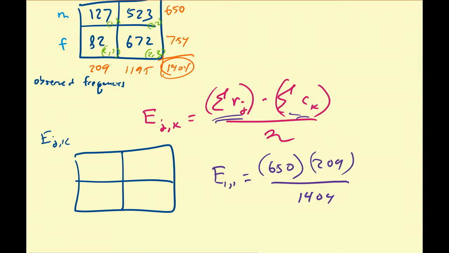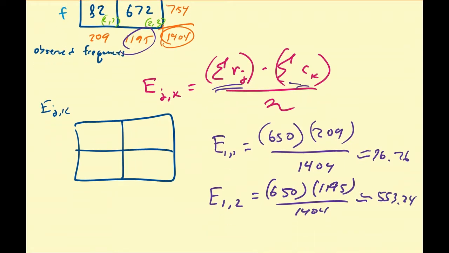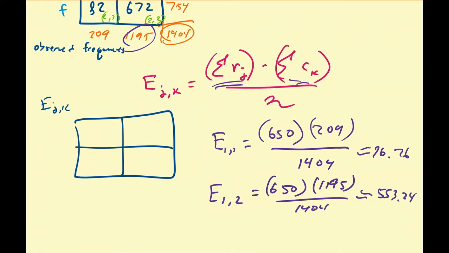Now for row 1, column 2, row 1's total is 650 again, but column 2 is 1195, all divided by the sample size of 1404. Once you calculate that, it gives about 553.24. You do this for all your cells, so you get 96.76, 553.24, 112.24, and finally 641.76.